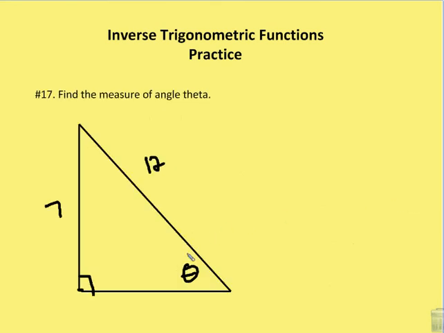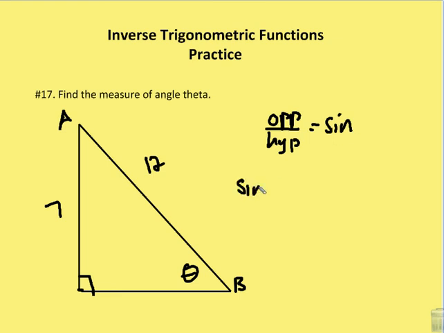In the last question, we're asked now to bring all this together to find, in an actual right triangle that we see, the measure of angle theta. And we know that based on the relationship, what we have is the opposite and the hypotenuse. So opposite over hypotenuse is the sine relationship.